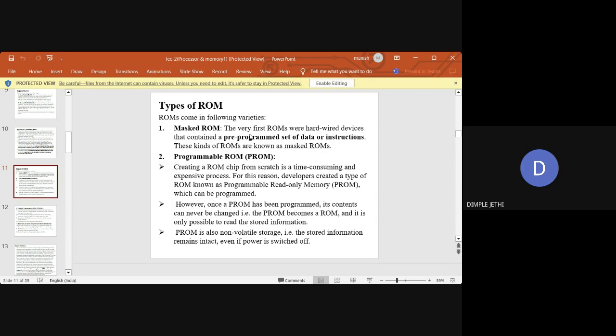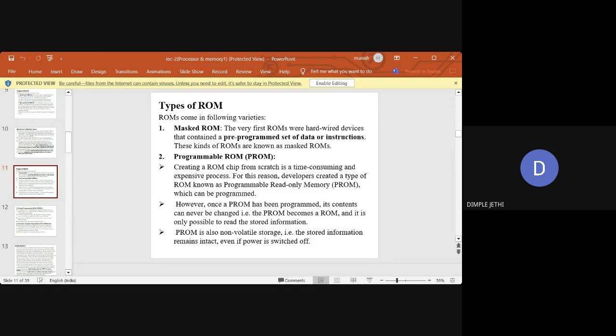Next is programmable ROM, PROM. What is programmable? Programmable means we can change it, but only once. Where a ROM can be altered or changed only once, that is called programmable read only memory, PROM.